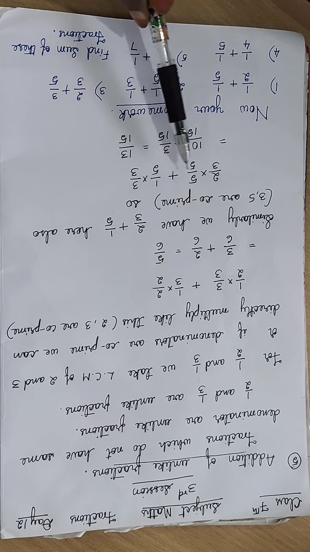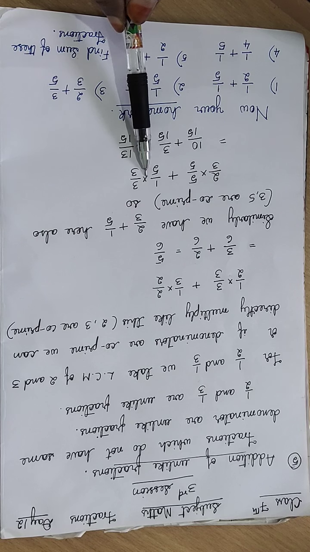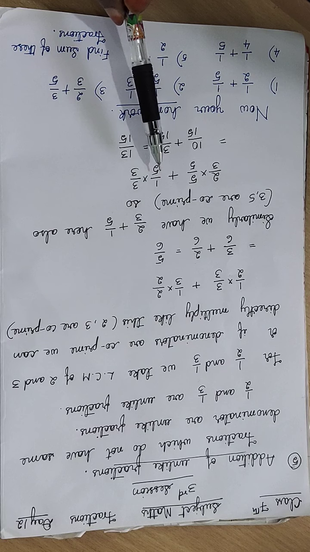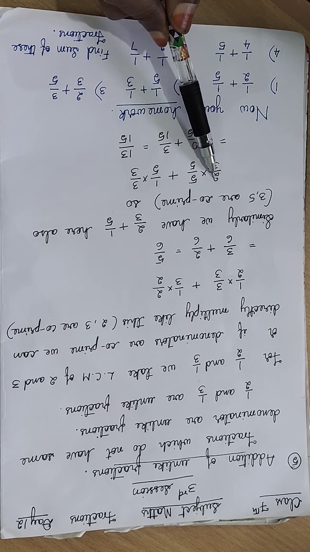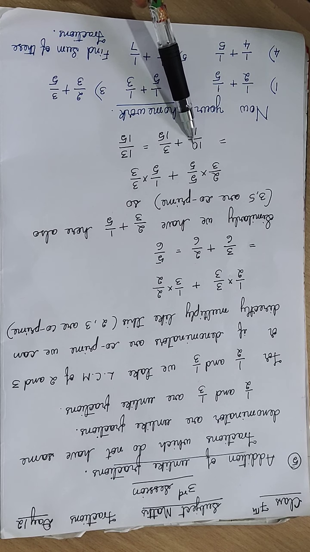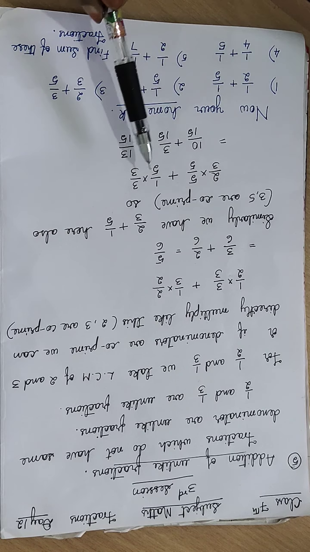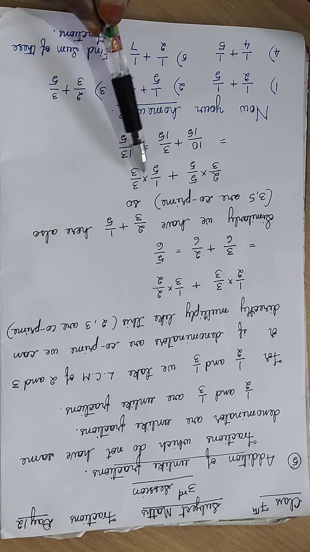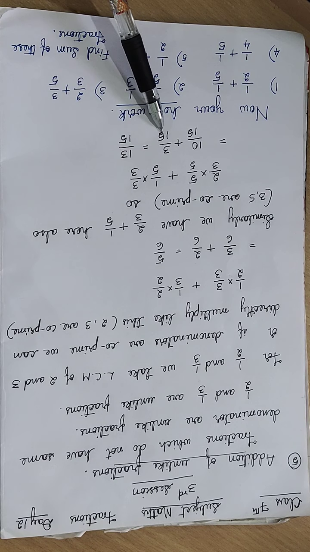Why are we doing this step? To convert unlike fractions into like fractions. So here 2 5s are 10, 3 5s are 15, 1 3s are 3, 5 3s are 15.